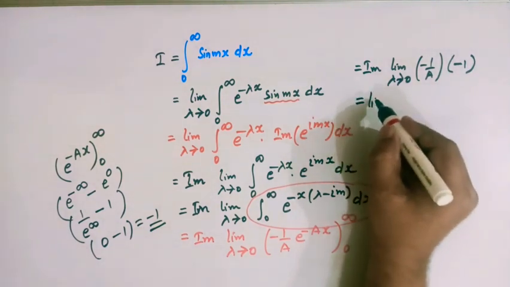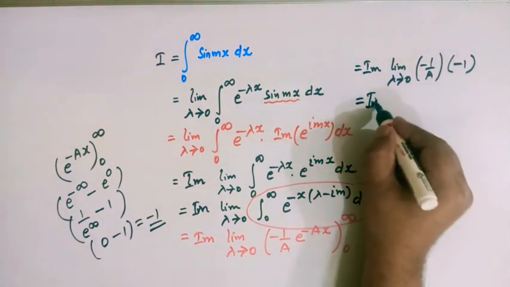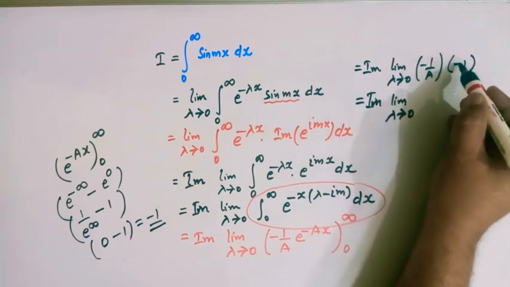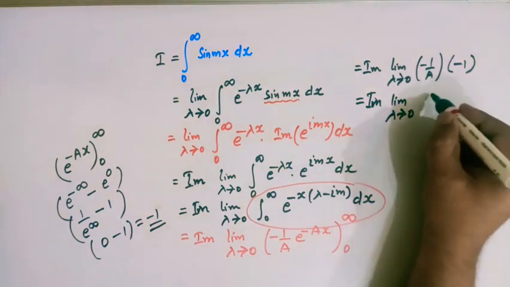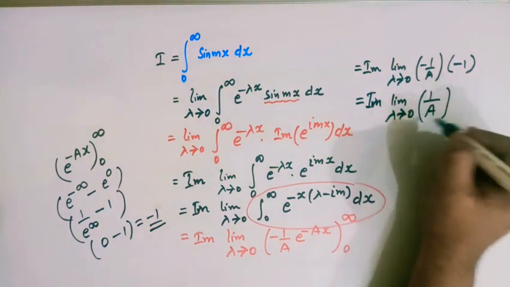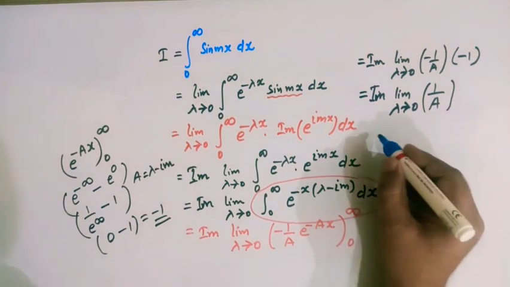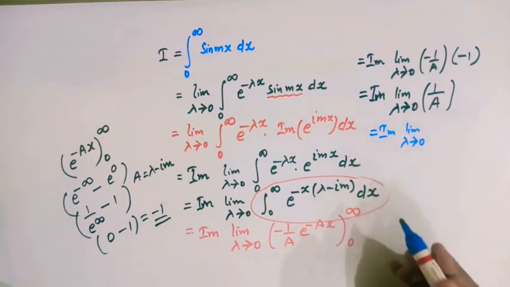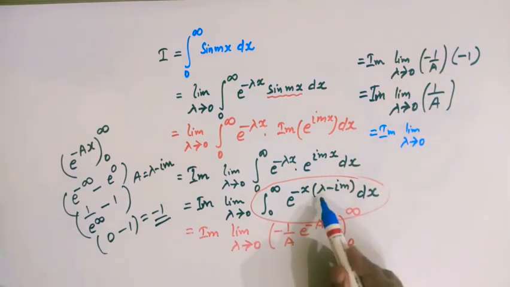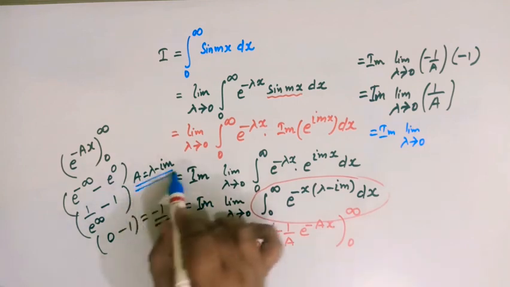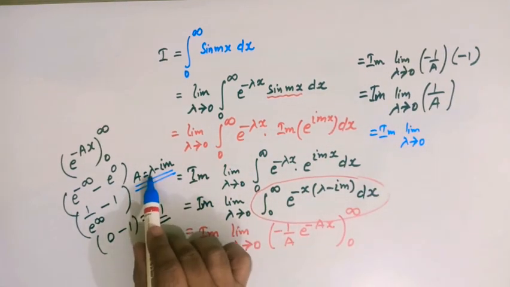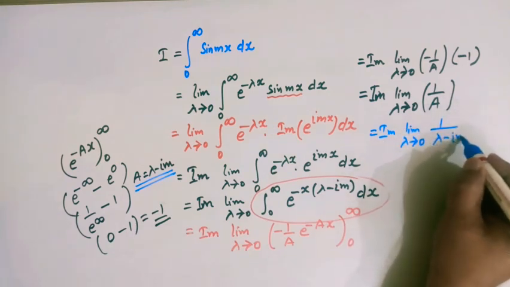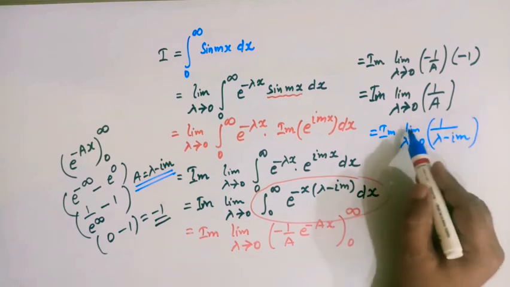So now viewers, we have the imaginary part of the limit as lambda tends to 0, and minus becomes plus, so we have 1 over a, right? What was a? a was lambda minus iota m. So we have 1 over lambda minus iota m, and now we have to calculate this limit.